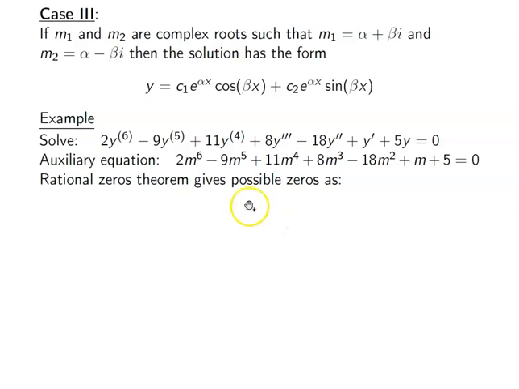So the rational zeros give me possible solutions of P over Q: plus or minus 5 and plus or minus 1 in the numerator, plus or minus 2 and plus or minus 1 in the denominator. So all the factors of 2 in the bottom, all the factors of 5 on top, and all the combinations of these. So I have 5, 5 halves, 1 half, and 1, plus or minus, all of those are my possible solutions.